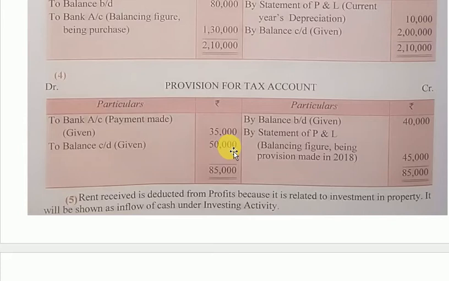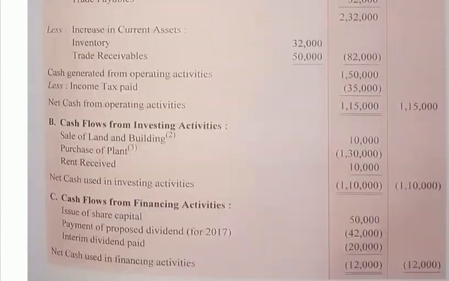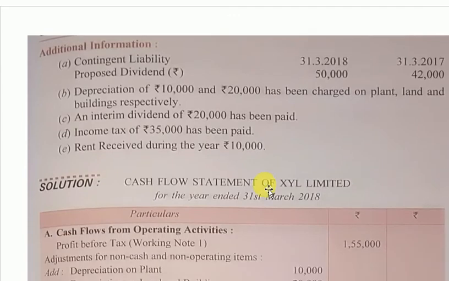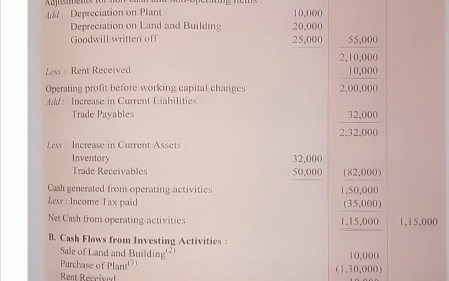Now let us see what adjustment is given in the question. The adjustment says income tax of 35,000 has been paid. I explained in the video in the previous class that when income tax is paid, the entry is provision for taxation account to bank account.